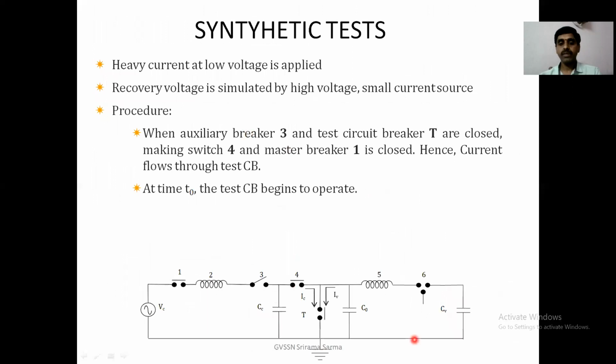So here you can see the circuit diagram. Heavy current at low voltage is applied. The recovery voltage is simulated by a high voltage, small current source. In the procedure, the auxiliary breaker 3 and the test circuit breaker T are closed, making switch 4 and master circuit breaker 1 closed.